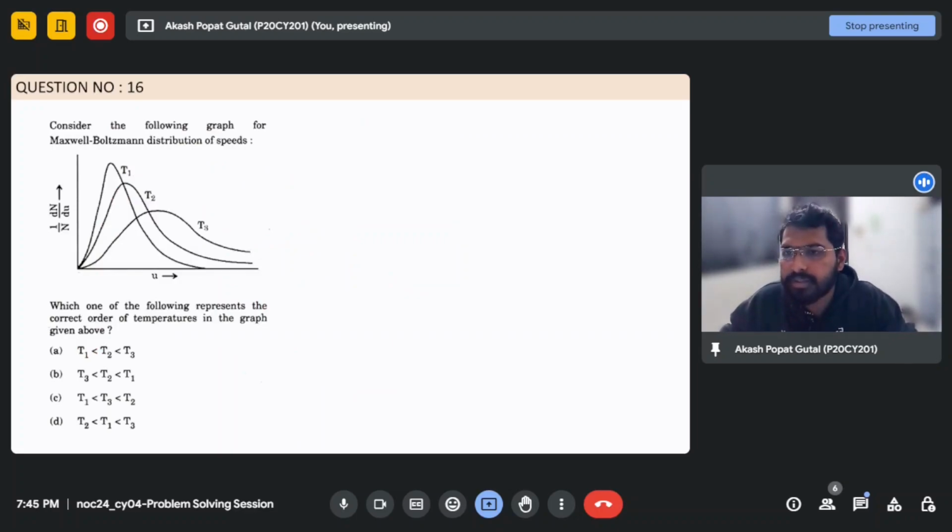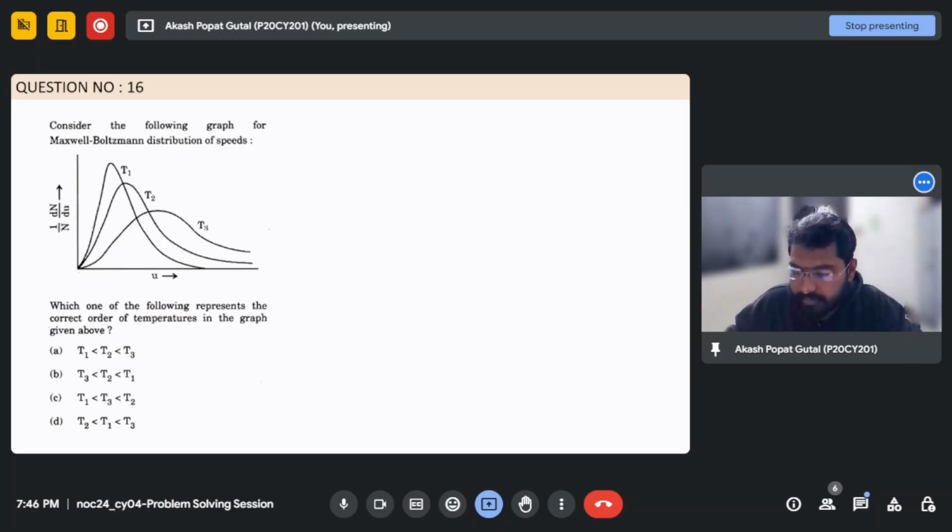So the next question: consider the following graph for Maxwell-Boltzmann distribution of speeds, given for three different temperatures T1, T2, T3. Which one of the following represents the correct order of temperature in the graph given above?